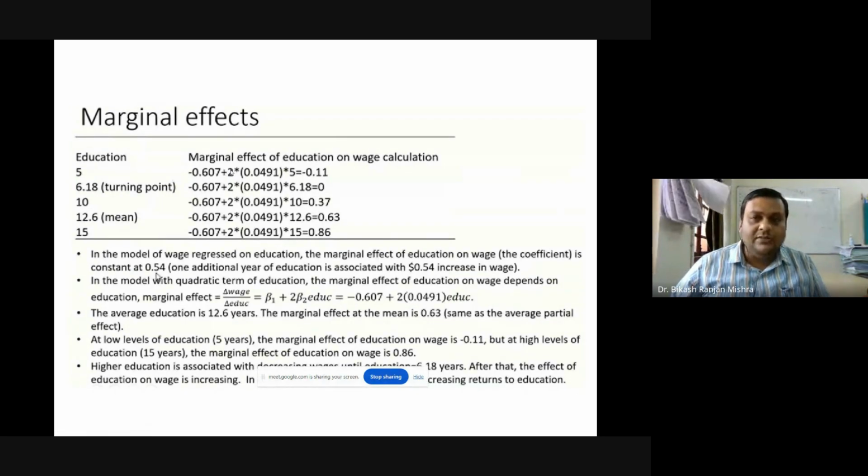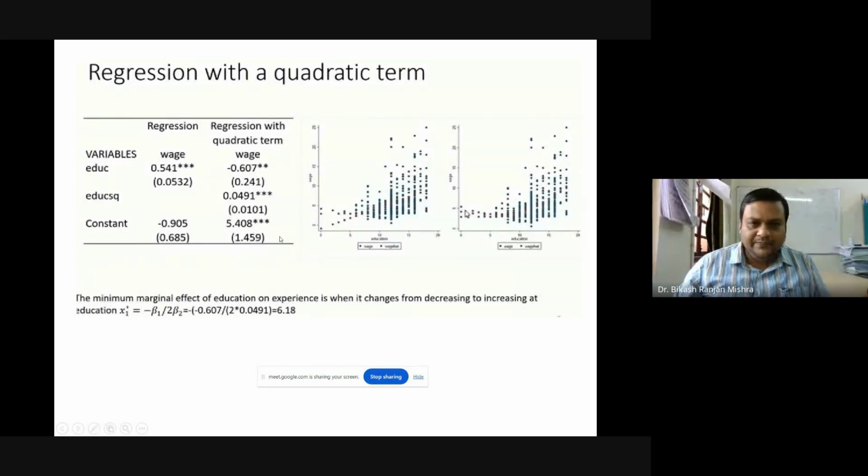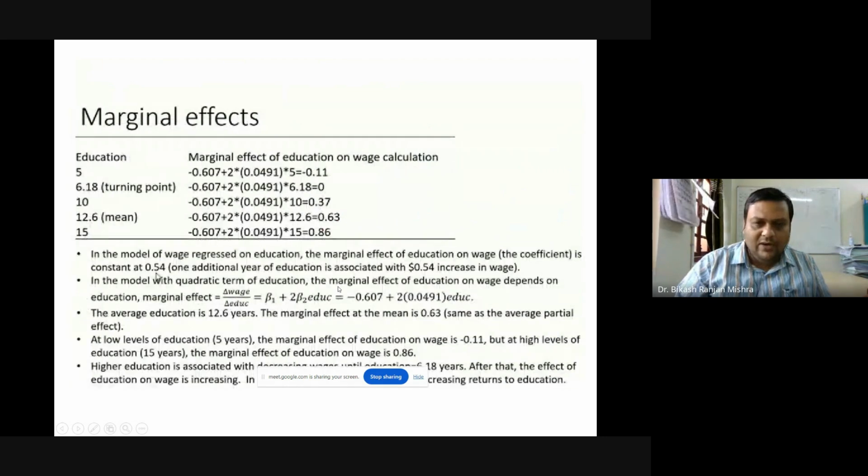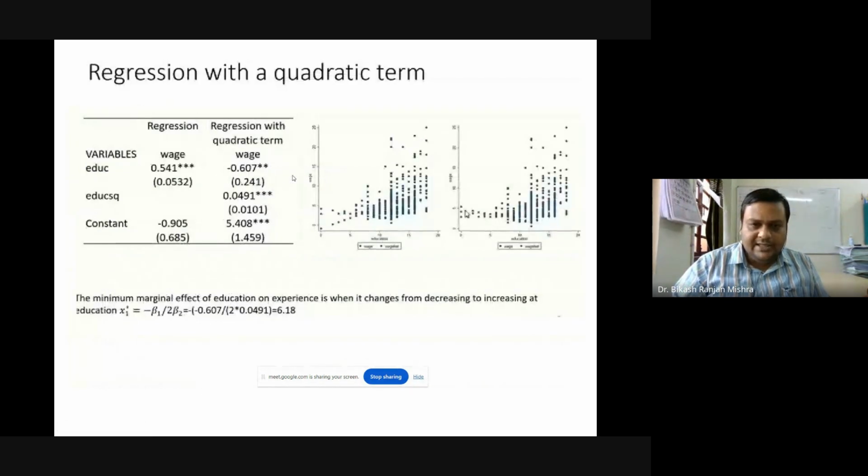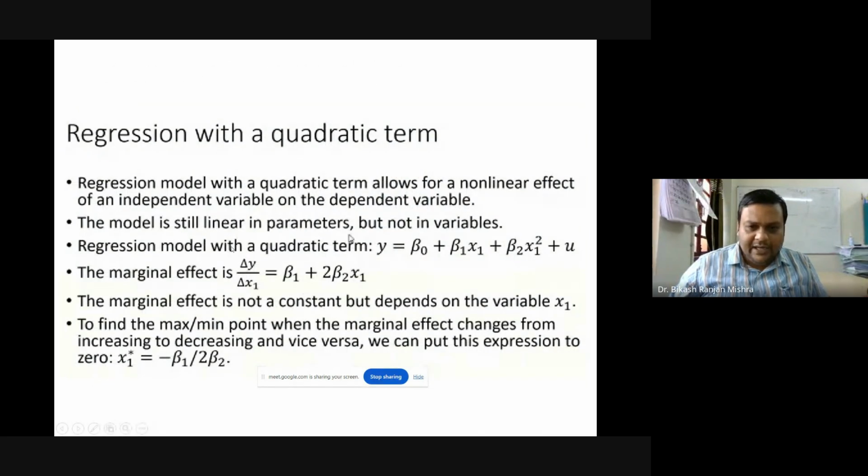If it is cubic form, then there will be further complexity in the interpretation part. Because it is a quadratic form, we have to find out 2 times the coefficient of the square term, like 0.0491 over here, and then you have to multiply with the education value, because the interpretation is like this. It is beta 1 plus 2 times beta 2 x1.